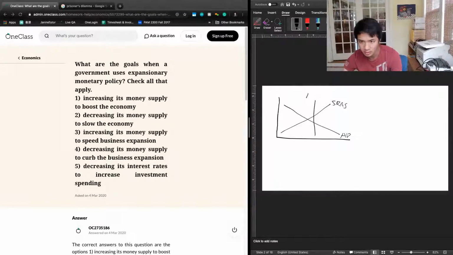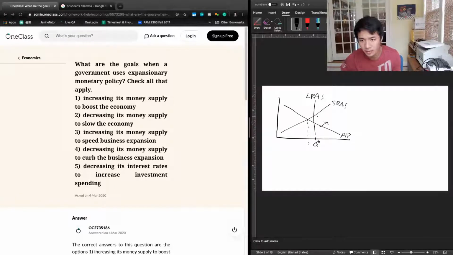Here you have this recessionary gap, where the economy is producing at this GDP level, and you would want it to be at this optimal Q star level, right? So it's too small, and you want to stimulate the economy, basically shift aggregate demand to the right.